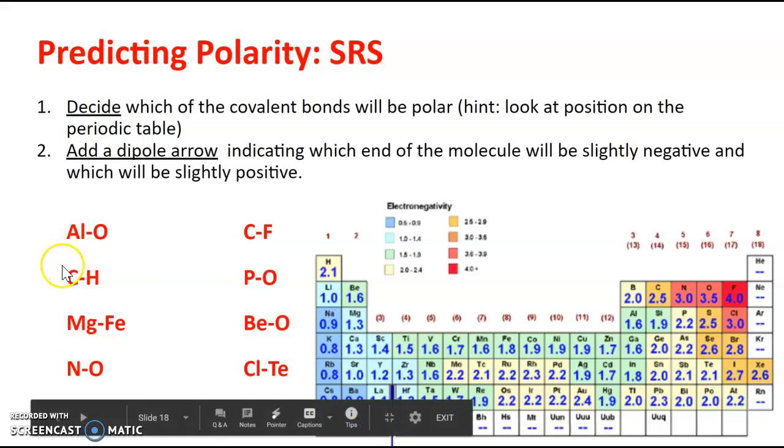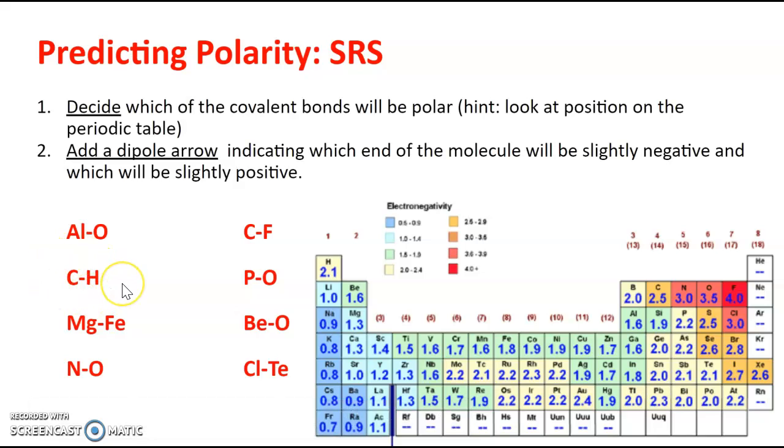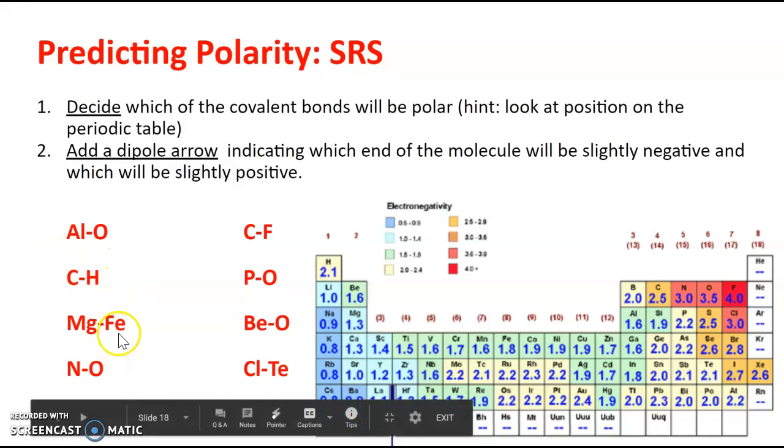Okay. Carbon and hydrogen are almost equal, 0.4, so they are nonpolar. And then Mg and Fe, so magnesium and iron, difference of 0.5, that's a metallic bond, and so that's not going to be polar. Nitrogen and oxygen are next door neighbors. They're only 0.5 apart, so they are going to be nonpolar.